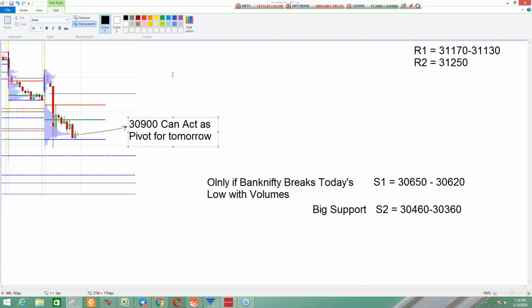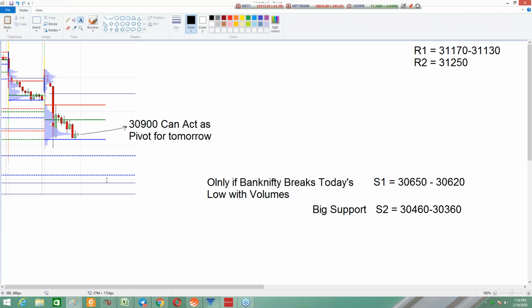It can become support, it can also become resistance. 3,900 roughly I'm saying. This can definitely act as a pivot point. It can become support, it can also become resistance, depending upon gap up or gap down opening.